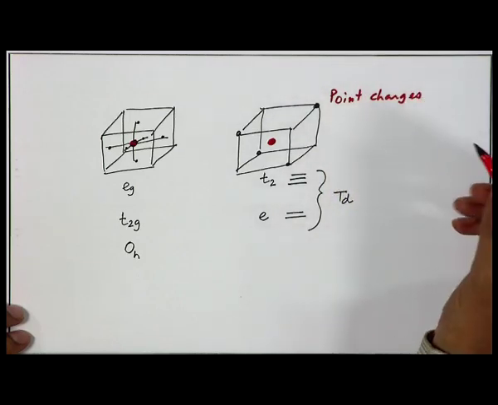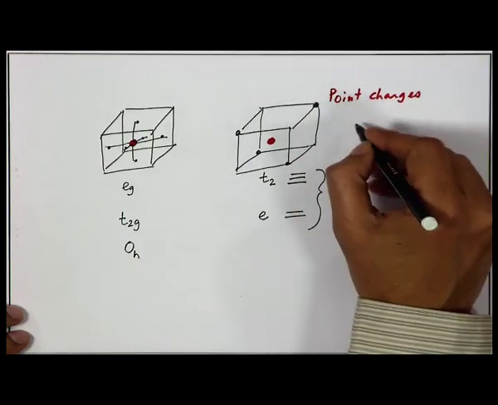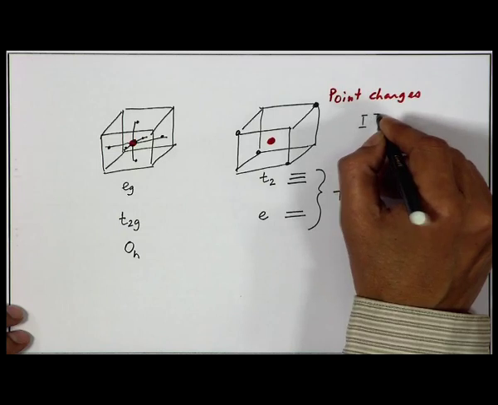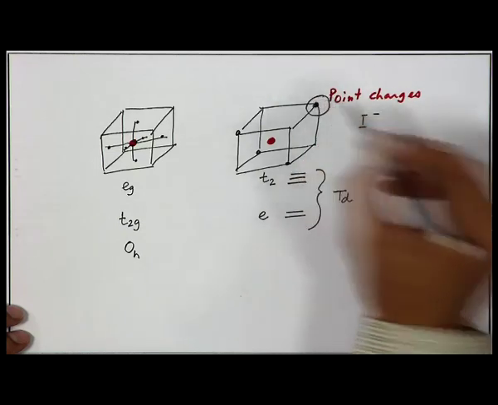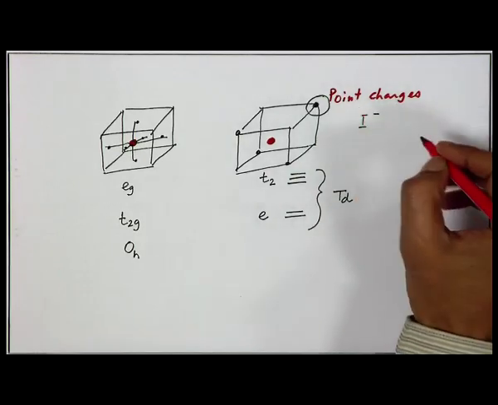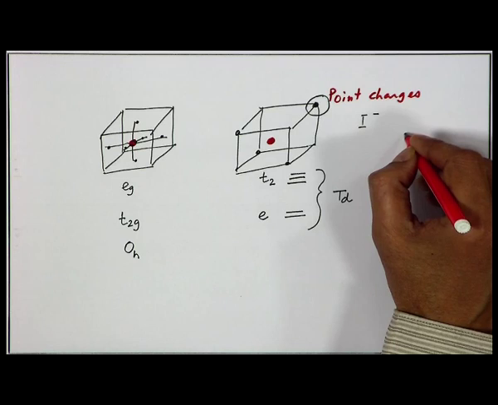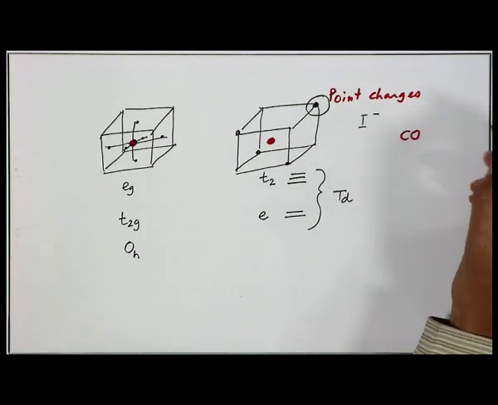If we have a bigger ligand, say iodide, iodide is also not a point charge, and if you have a very big organic molecule or organic moiety there, this will not be a point charge. This particular problem comes to us when we talk about the ligand carbon monoxide.